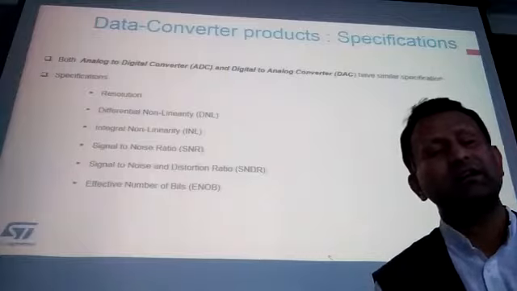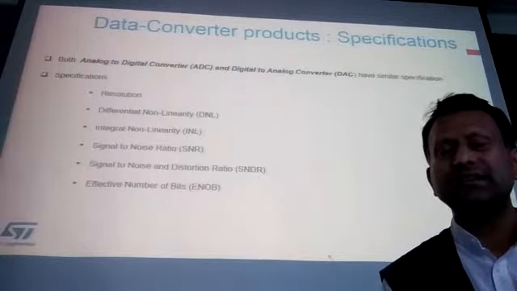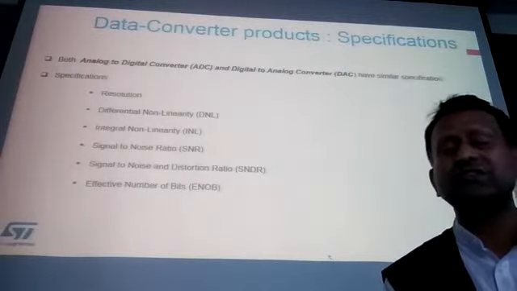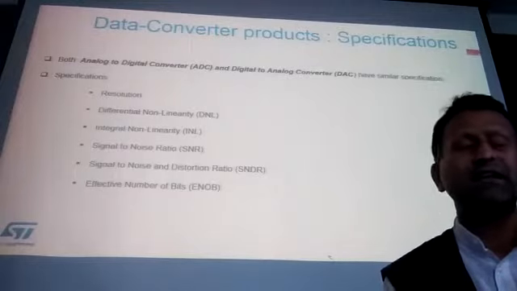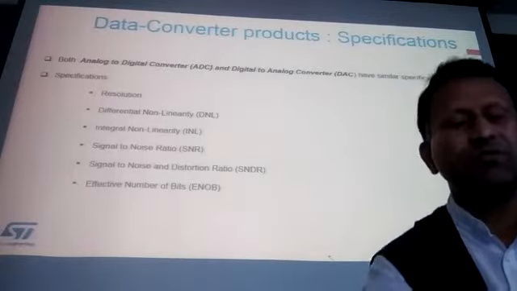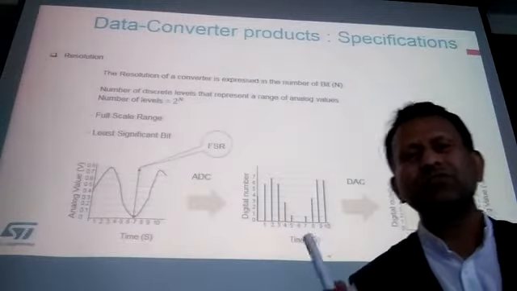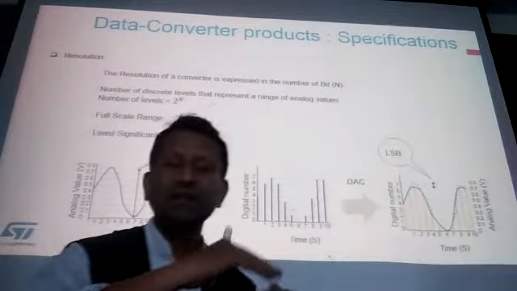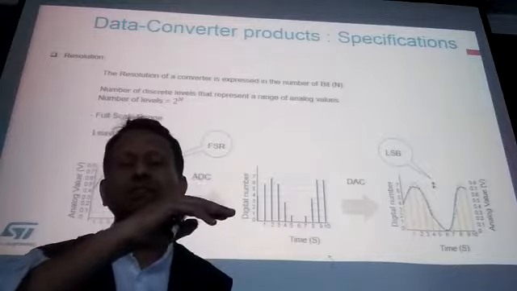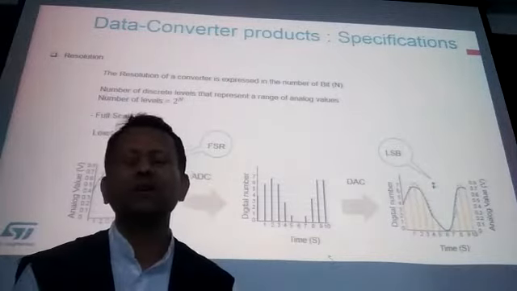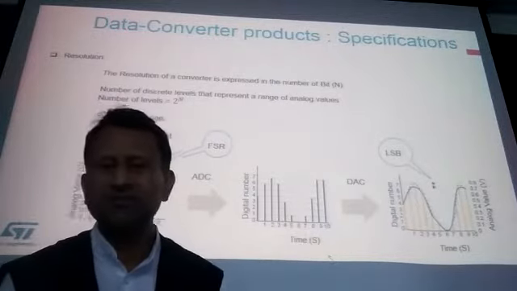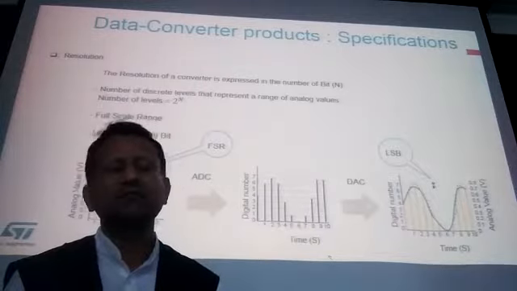So the loss of signal information can be measured through data converter specifications, and these are resolution, which is the number of bits, differential nonlinearity DNL, integral nonlinearity INL, signal to noise ratio SNR, signal to noise and distortion ratio SNDR, and then effective number of bits ENOB.